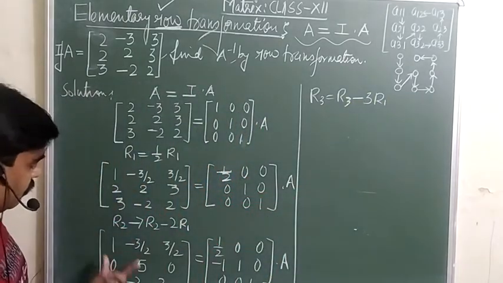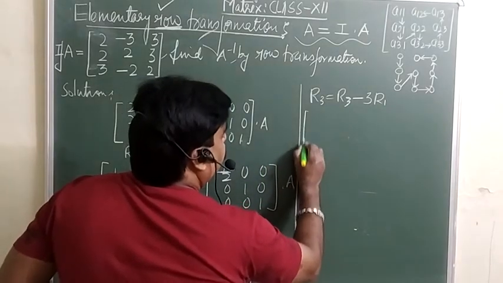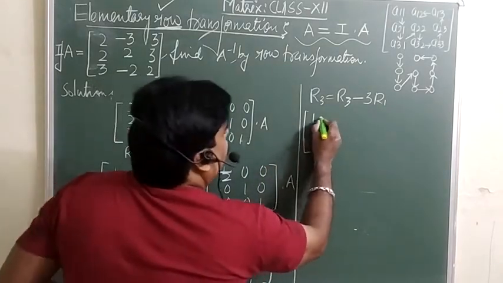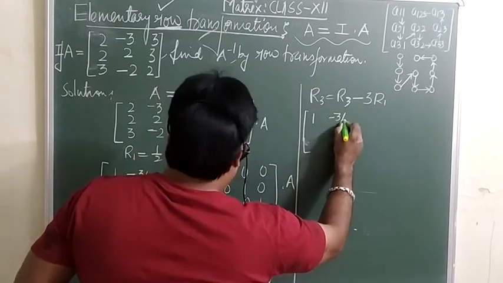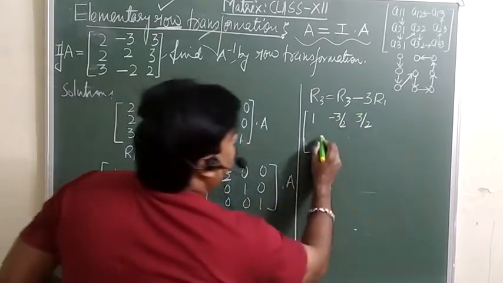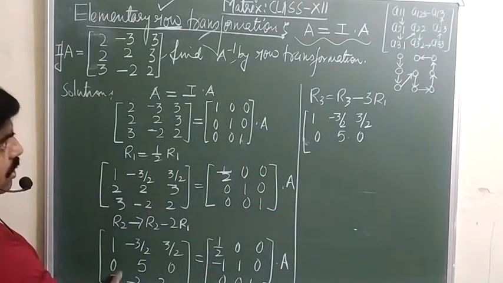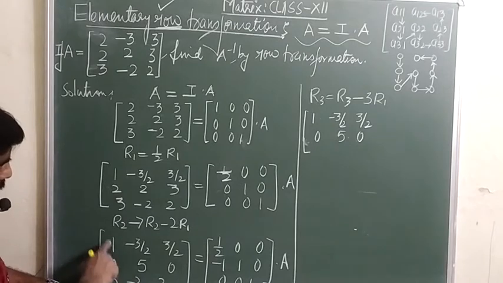So 3 times of R1, these 2 will remain as it is. Here is 1, minus 3 by 2, plus 3 by 2, 0, 5, 0. Here is 3 minus 3 times of this one, 3 minus 3, so it is 0.